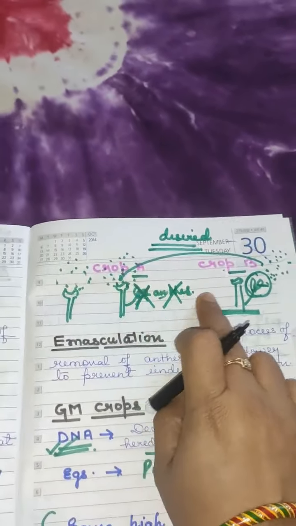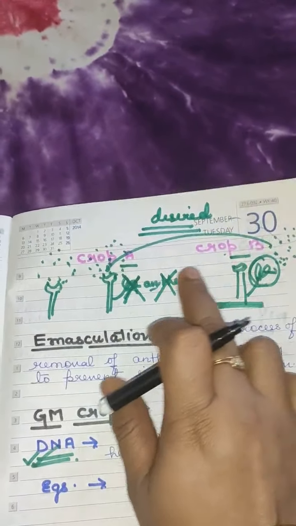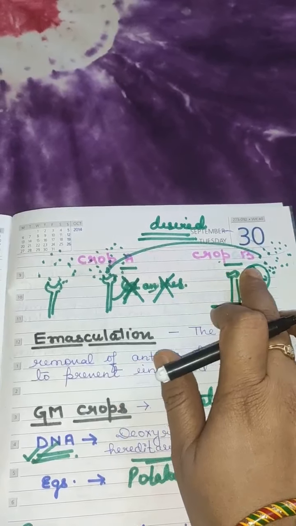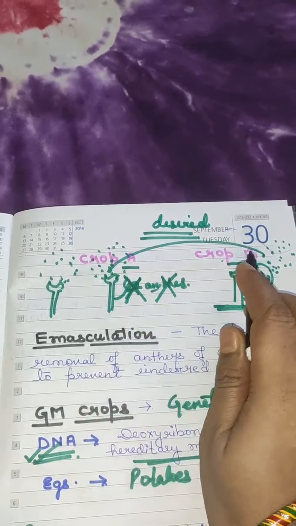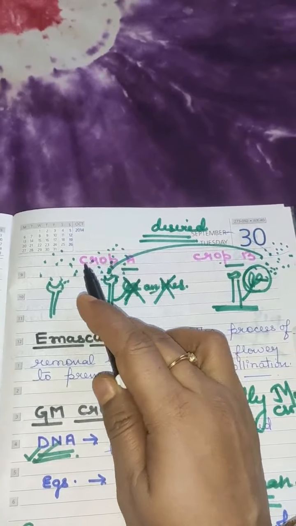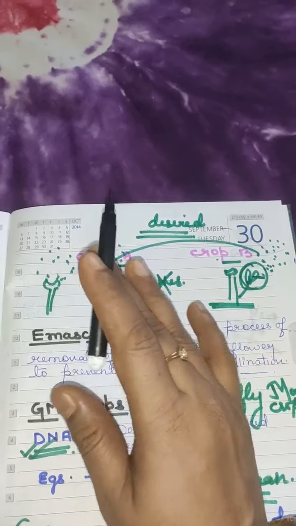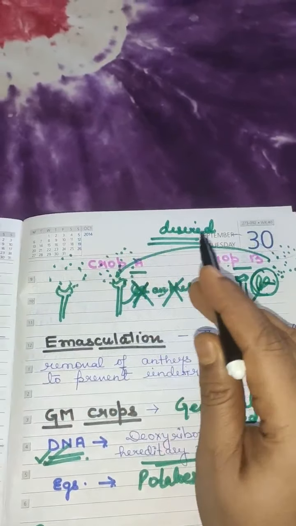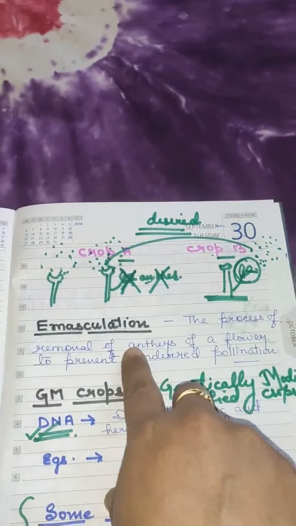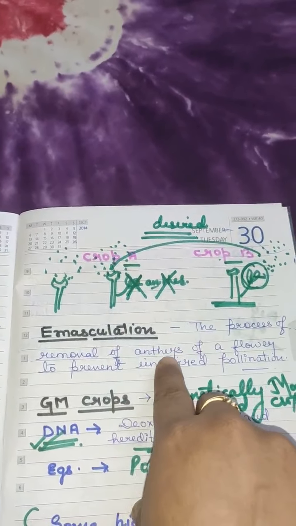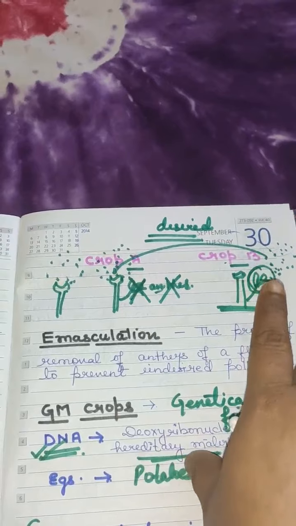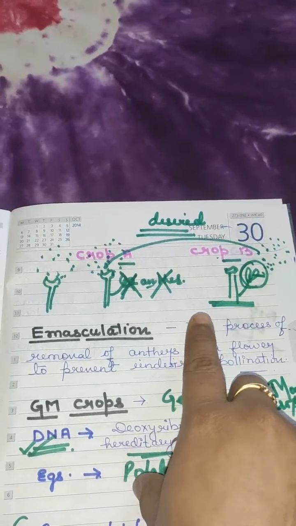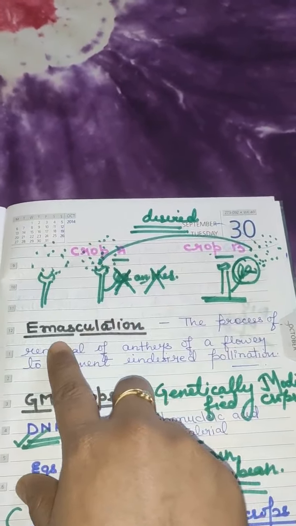If you remember the picture that I drew that day: there are two crops, crop A and crop B. The anthers from crop A are removed, and the method of removing the anthers from a flower so that unwanted pollination does not occur is known as emasculation.